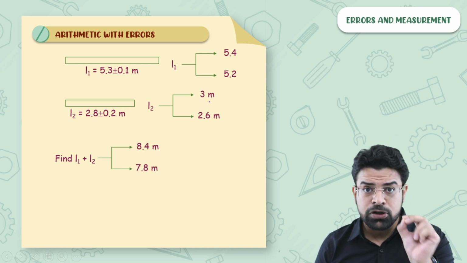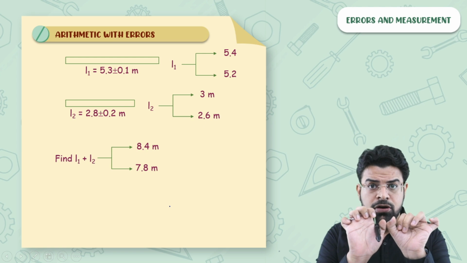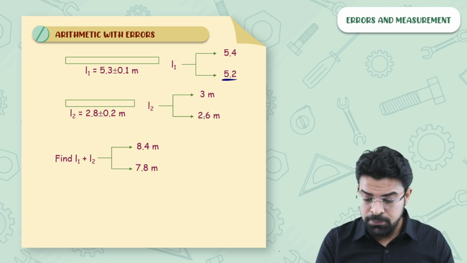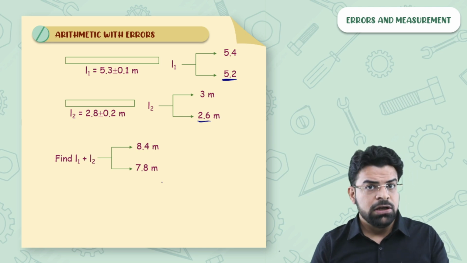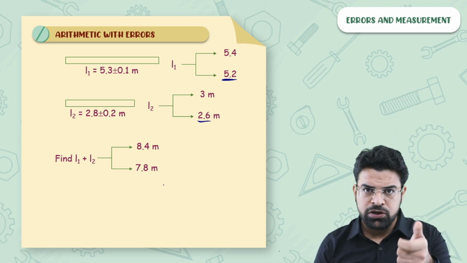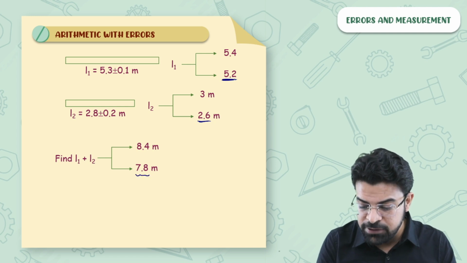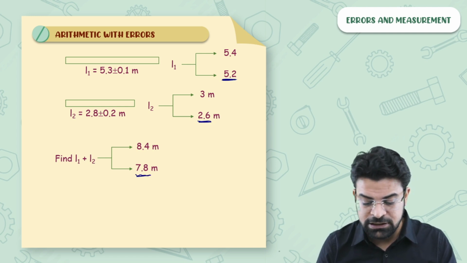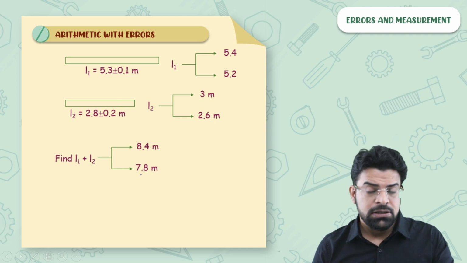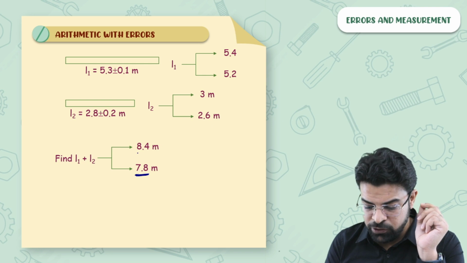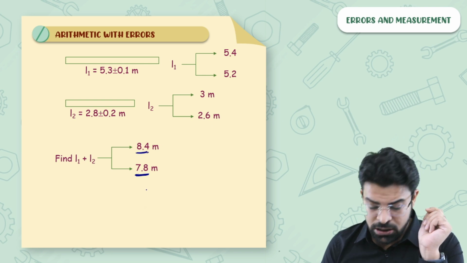And the minimum possible length of this combination will be the minimum possible length of the first rod plus the minimum possible length of the second rod. The minimum possible length of the first rod is 5.2, the second rod is 2.6. So the minimum possible length of the combination is 5.2 plus 2.6, that is 7.8. So the length is found to be somewhere between 7.8 and 8.4.